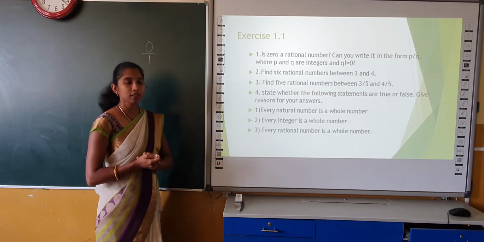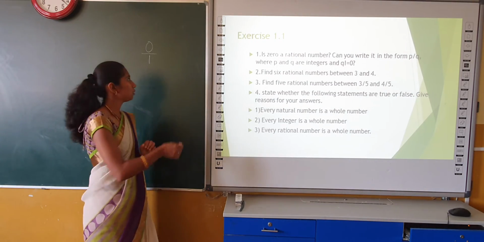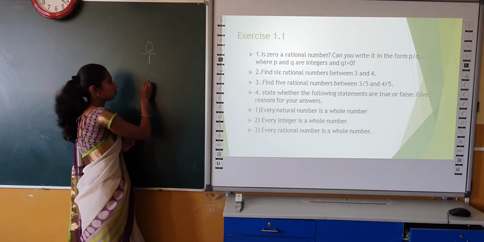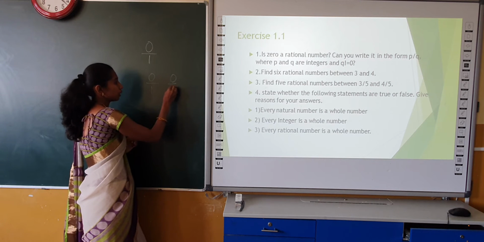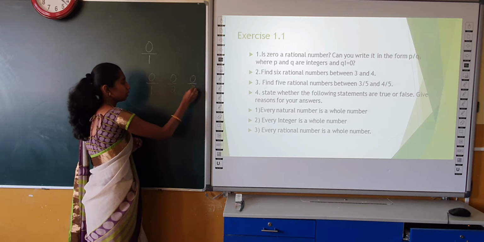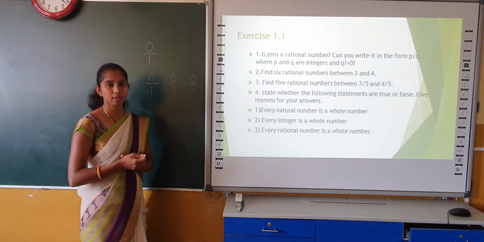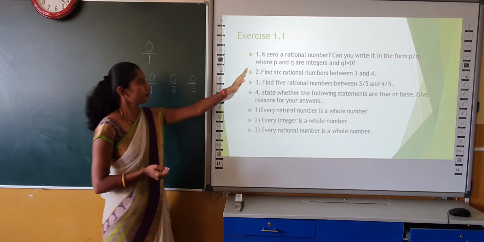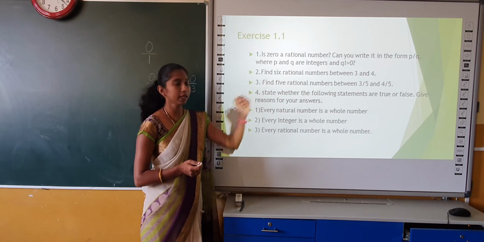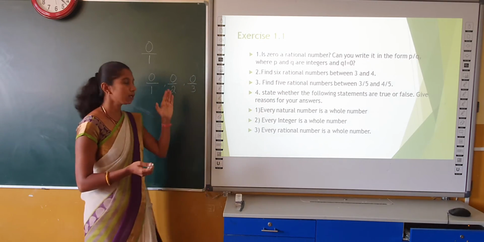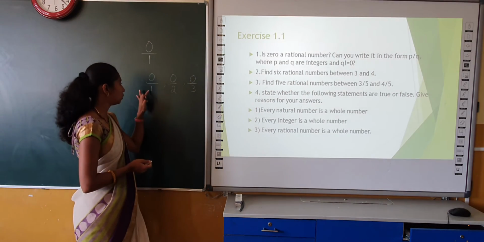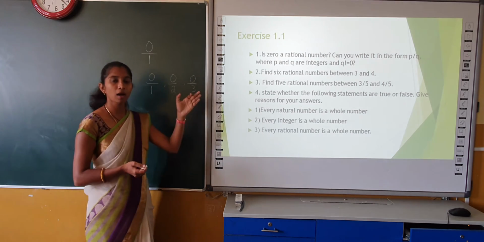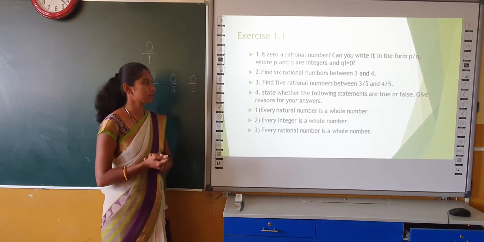Can you write it in the form of p by q? You just write it like this: 0 by 1, 0 by 2, 0 by 3. Here p and q are integers. 1, 2, 3 all are what? Integers.